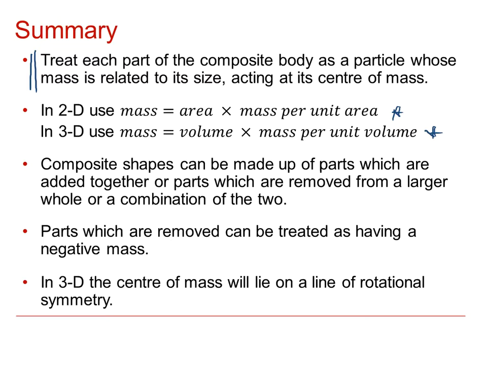We can add together 2 parts, or we can even subtract a part or a piece cut out from a lamina or an object. And then if we've got a line of symmetry, we can use that and say that the position of the center of mass for the whole object will lie on that line of symmetry.